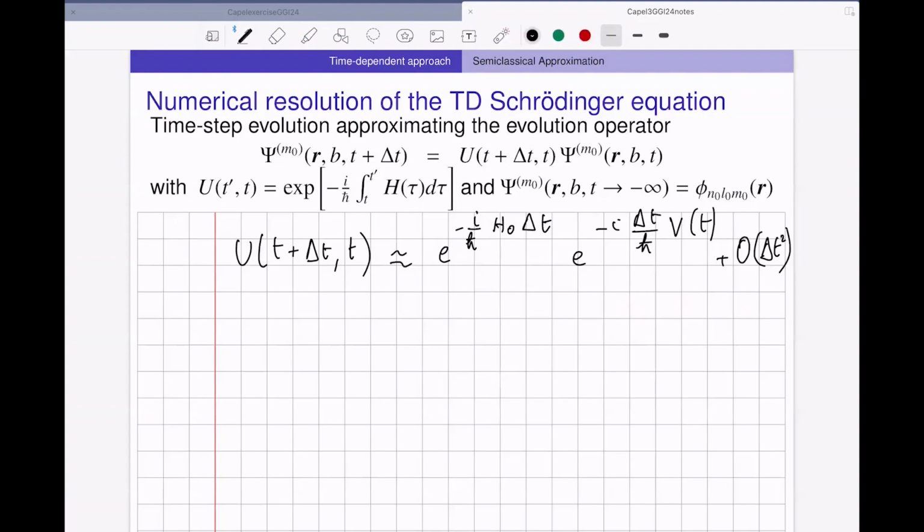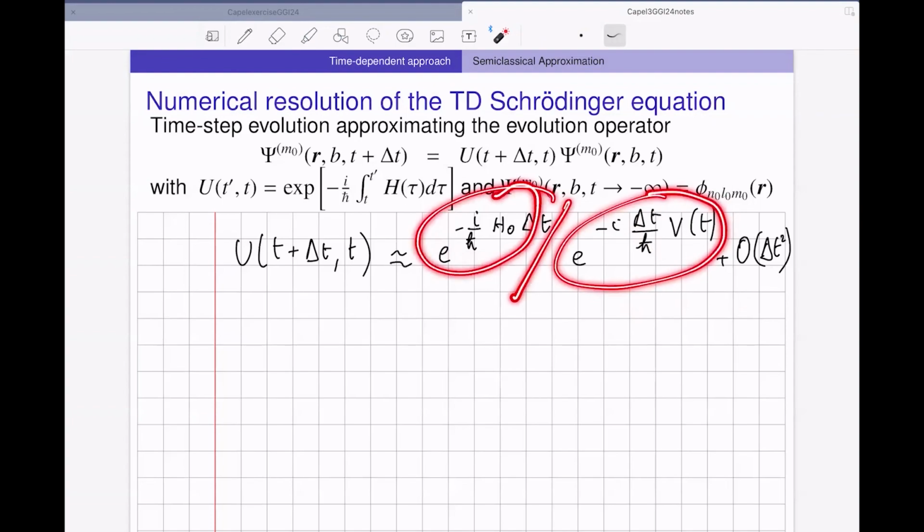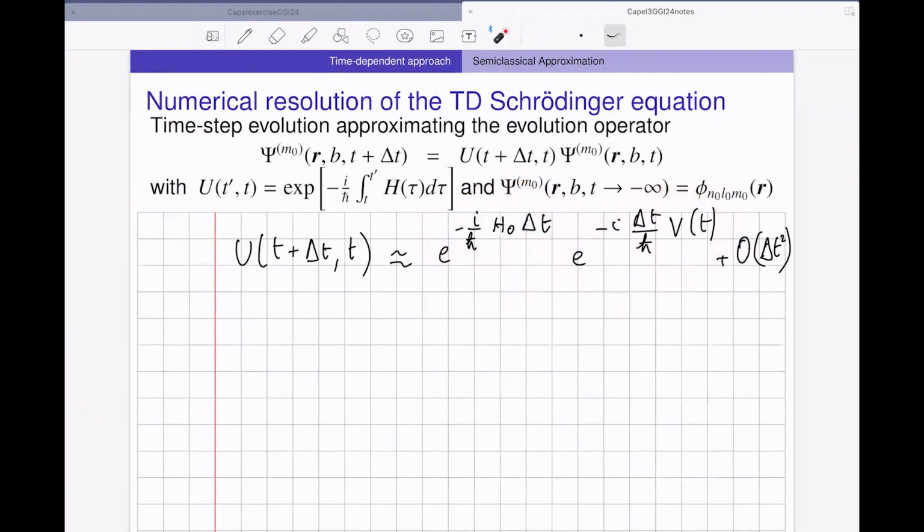But that's an approximation, and the reason is that you can express these two operators easily in different bases, and so what you do is you apply one part in one basis, you change basis, and then you apply the other one in your algorithm. You apply the two different parts of the operator separately in different bases. This makes the thing a little bit simpler.